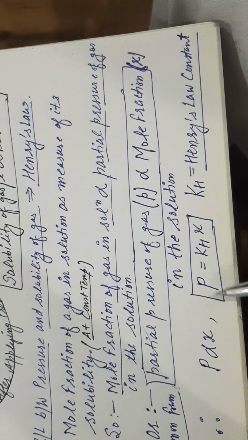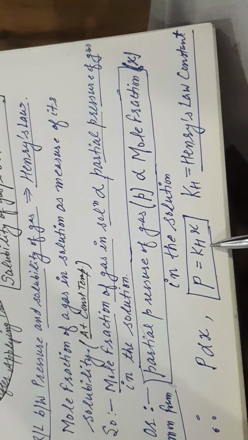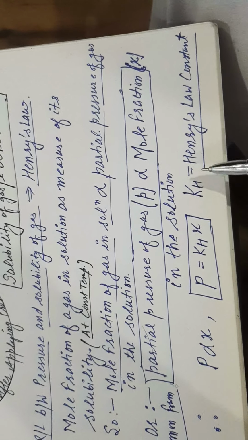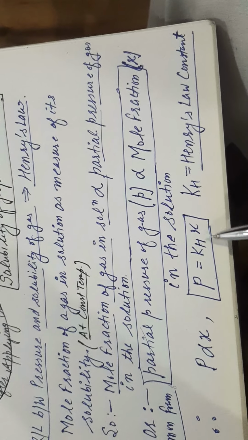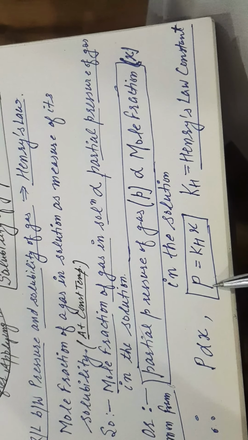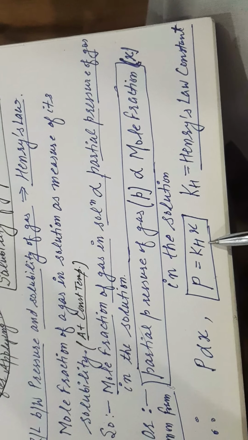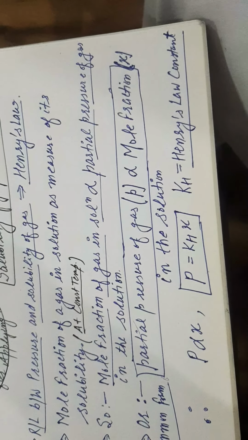In mathematical form, P is equal to KH into X, where KH is the Henry law constant, P is the partial pressure of the gas, KH is the Henry law constant, and X is the mole fraction of the component.